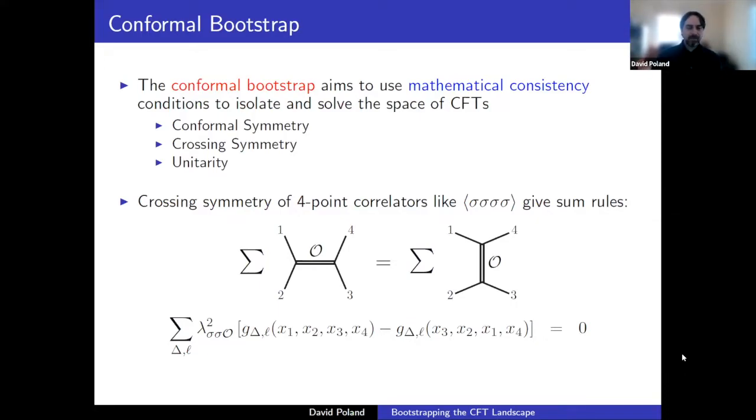In particular, if you look at 4-point functions with all identical fields, these conformal block functions have positive coefficients. They're the squares of OPE coefficients. And then you can try to take advantage of these positivity properties, and of the fact that unitarity gives you lower bounds on the scaling dimensions, and ask when can this sum rule be satisfied.